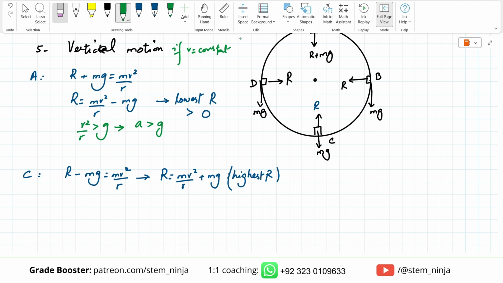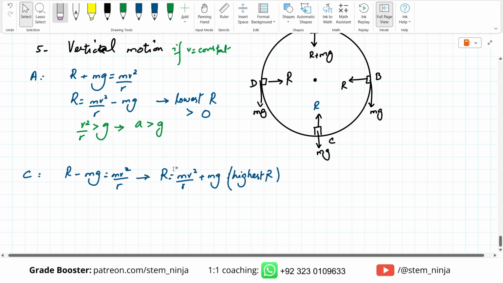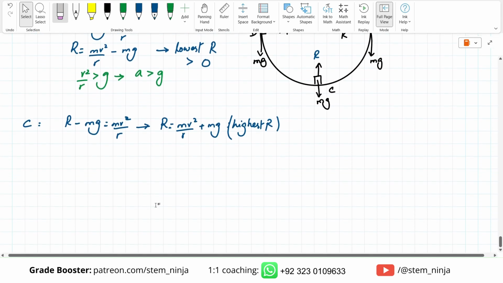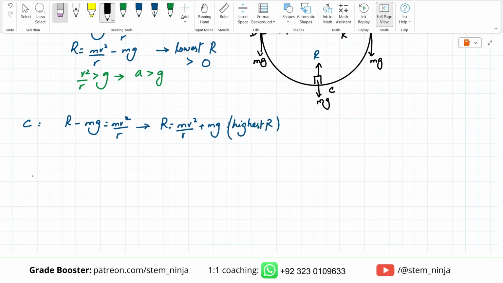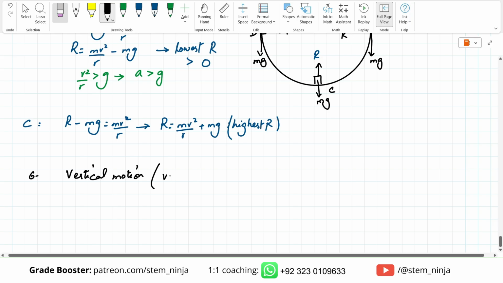But what if we are not maintaining a constant speed? What if we are propelling it one time at the bottom and the consequent motion we can study? So same vertical motion, v is not constant.